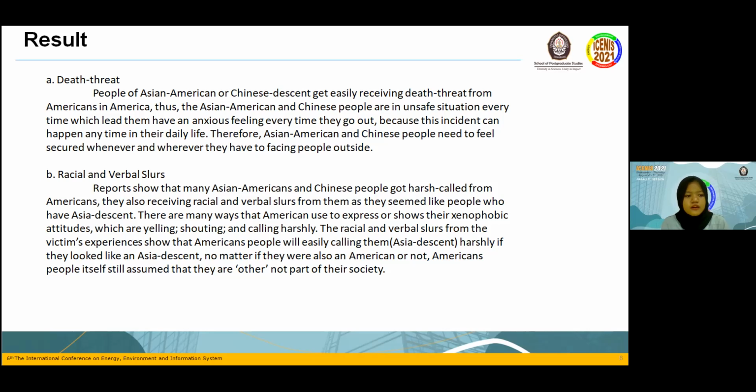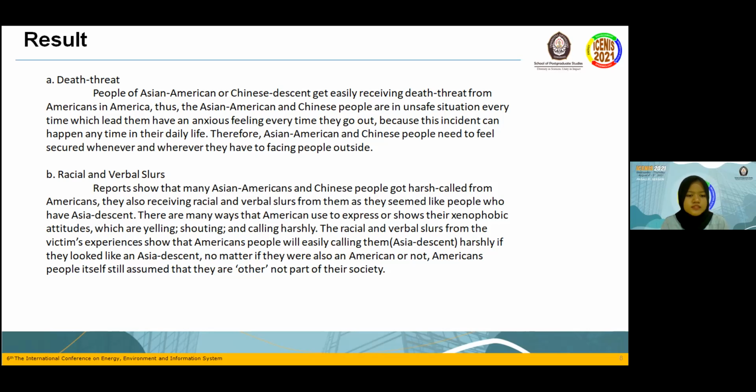And B, there are racial and verbal slurs. Reports show that many Asian Americans and Chinese people were harshly called names by Americans. They also received racial and verbal slurs from them because they looked like people of Asian descent.